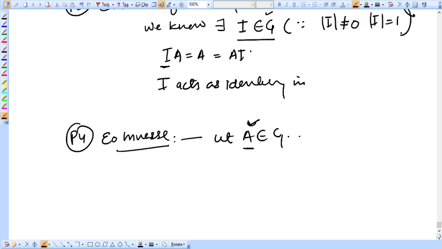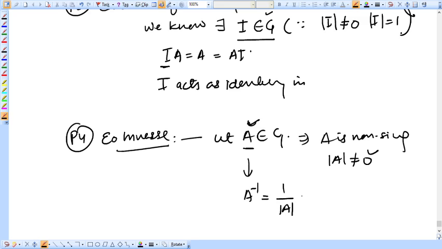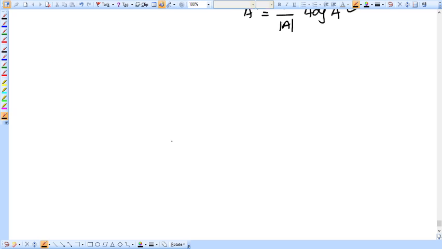Since it belongs to G, A is a non-singular matrix, which means the determinant of A is not equal to 0. When the determinant of A is not equal to 0, this matrix is always invertible. I mean to say the inverse of this matrix can be found, and the inverse is equal to 1 over determinant of A times adjoint of A. And also you see the determinant of A inverse is equal to 1 upon this, right?